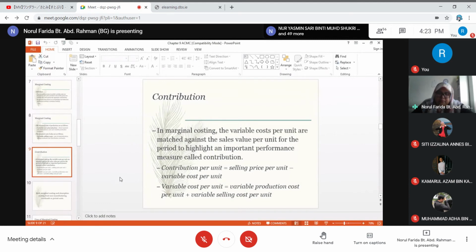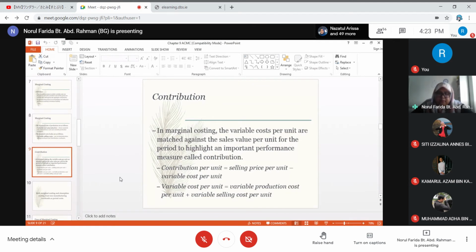The contribution per unit is constant at all levels of output and sale, if there are no changes in the sales price or the variable cost per unit. Right, constant kalau lah selling price dan variable cost per unit itu tiada perubahan. Okay, kalau ada perubahan, that is no longer constant lah, dia akan berubah. Okay, so contribution dia akan menentukan, dia akan kira dulu and then you akan tolak you punya fixed cost.